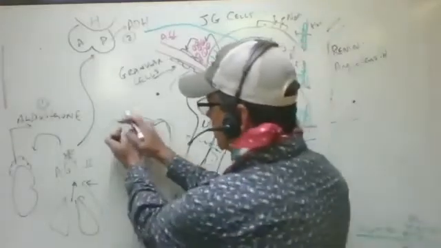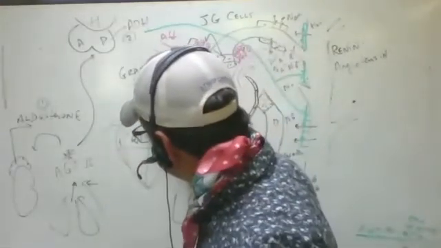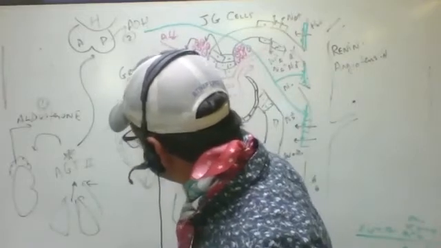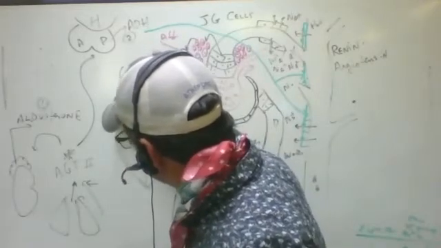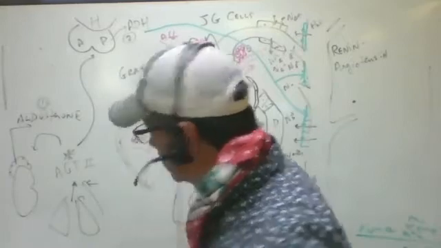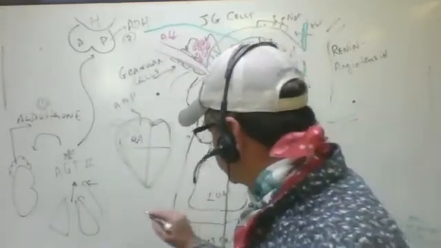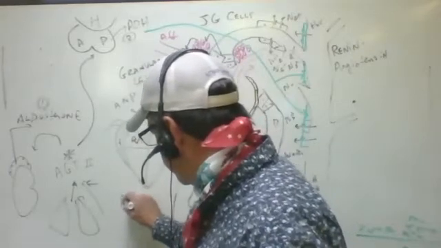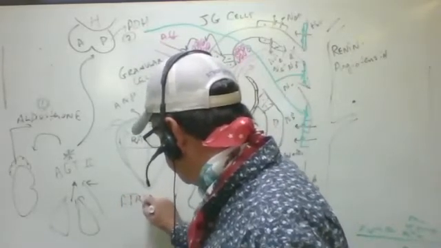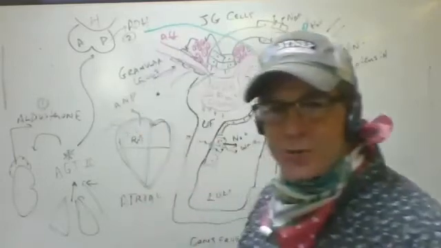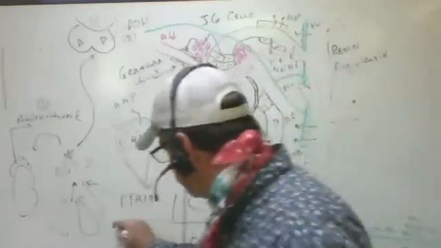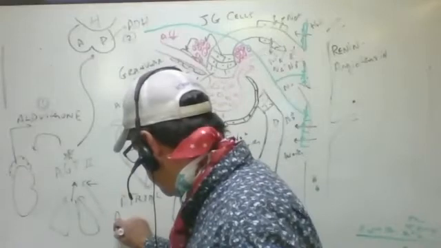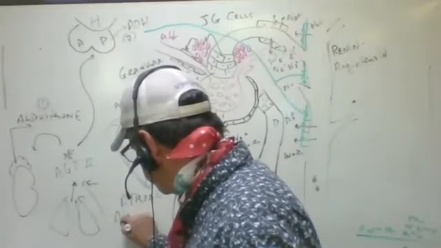When this right atrium is stretched out, it responds by secreting ANP. ANP stands for atrial natriuretic peptide. It makes sense because it's coming from the atria.